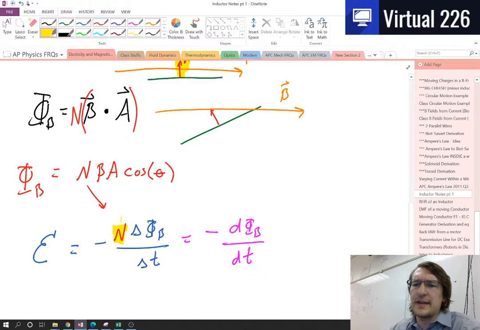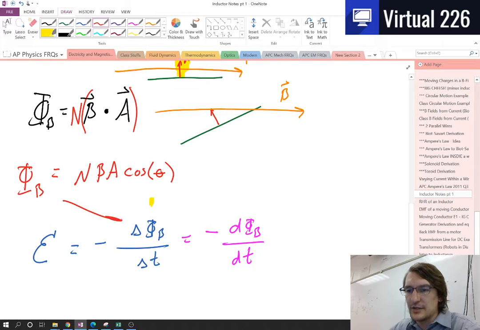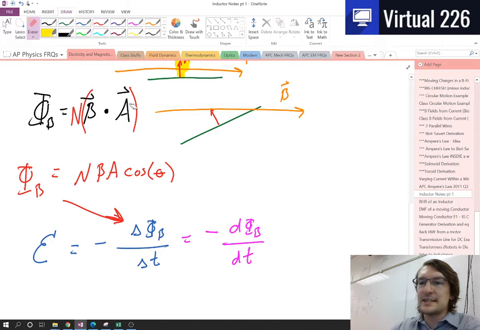Some people just think, hey, the flux was a part of N to begin with, because it was up here, so I'm double counting it. It really depends on how you want to think about it. Some people like running it without the N and then saying afterwards we'll multiply it by however many loops. Some people like to include the loops and then just shove it into there. It really depends, potato, potato, where do you want to put that? It's just some scaling factor you have. It doesn't really matter. But this is what we're going to be talking about here.